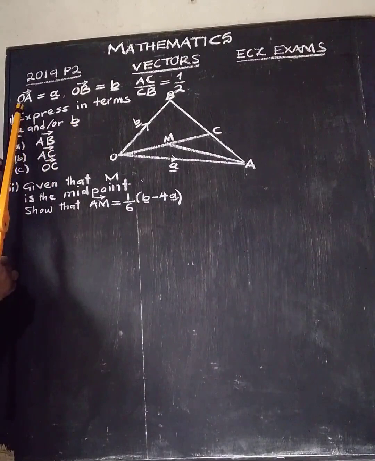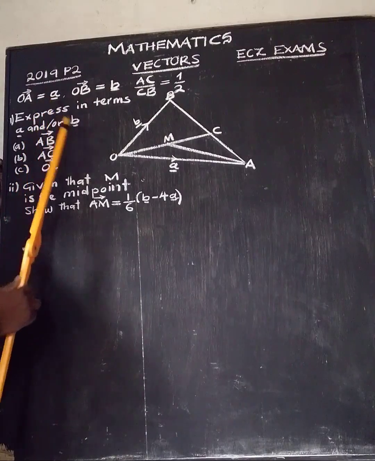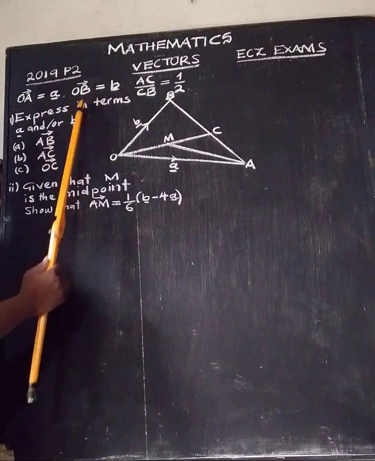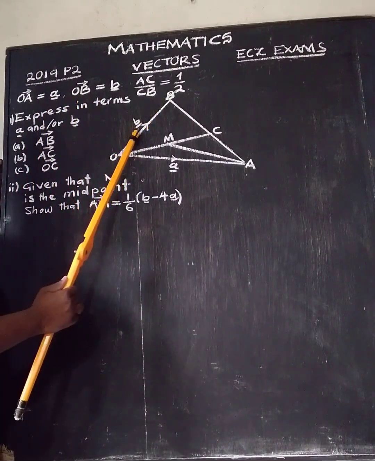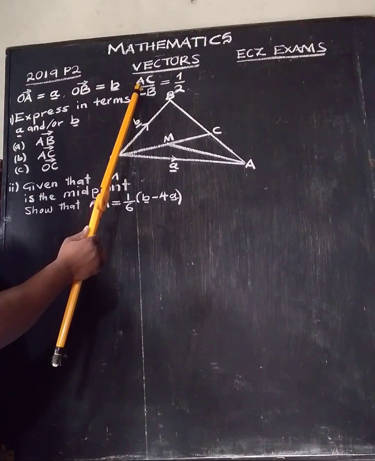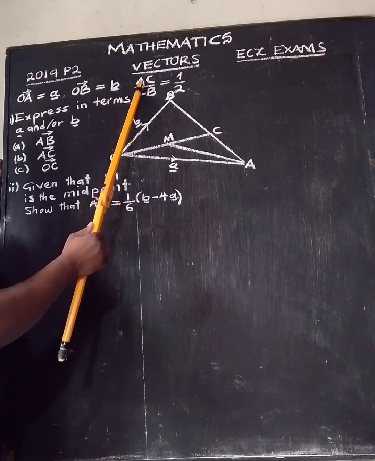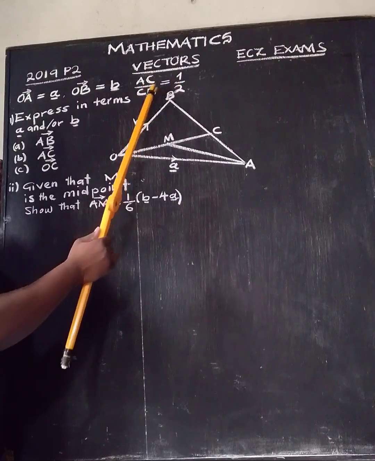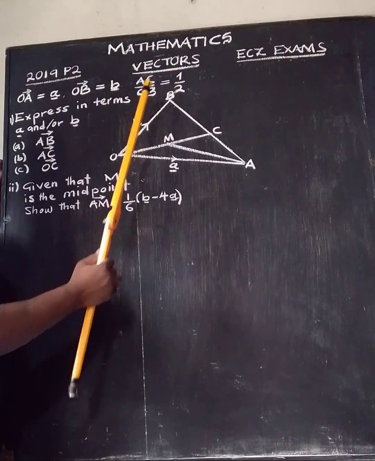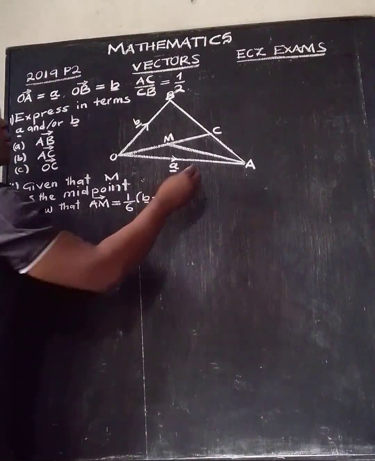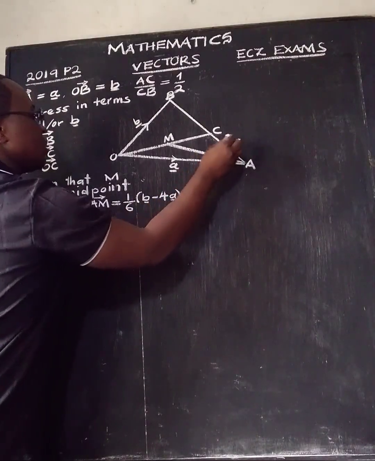We are told that given OA is vector A, OB is vector B, and then AC is equal to 1 as a ratio, and CB is equal to 2 as a ratio. So AC is 1.